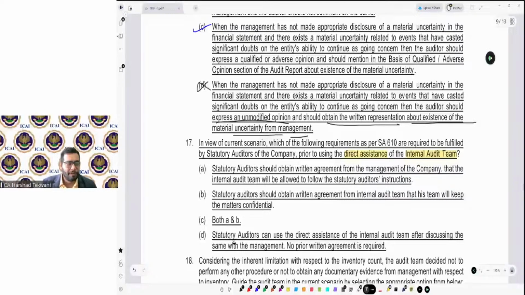Here these are the options, like A, B, C, D. Which one will you choose?